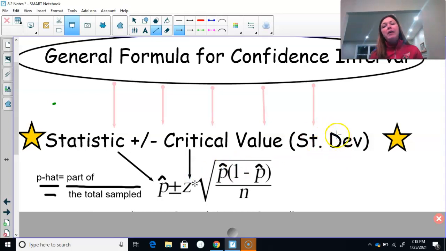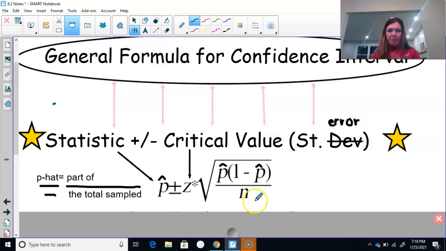Now, on the old formula sheet, it said standard deviation. Now it does say standard error. A standard error is just a little bit different than the standard deviation of the sampling distribution. How is it different? You'll notice here it's p hat instead of p. It's just an estimate of what the standard deviation would be for that sampling distribution.